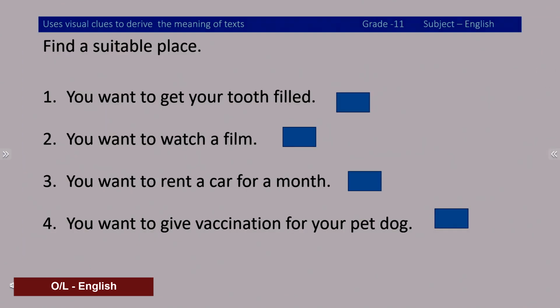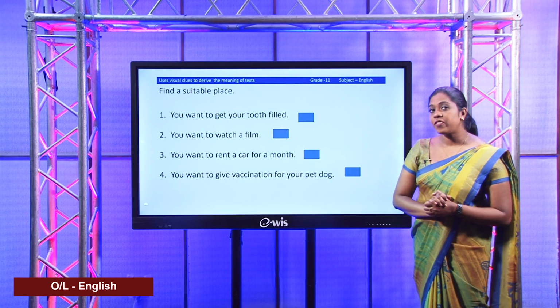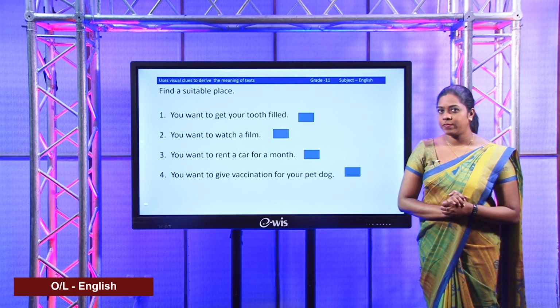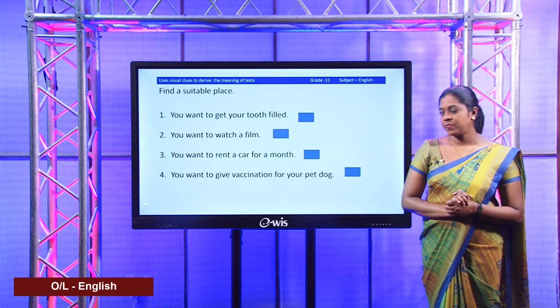Find a suitable place. You observed 4 images which showed you 4 different places, and see whether you can do this activity. You want to get your tooth filled. Where would you go? You want to watch a film.